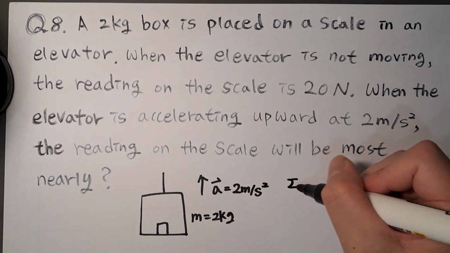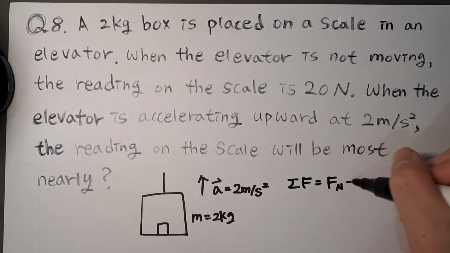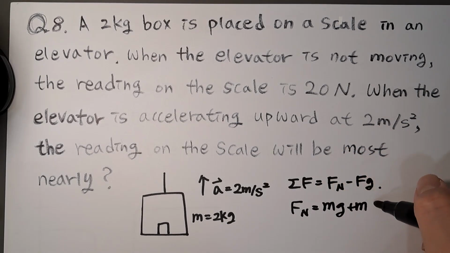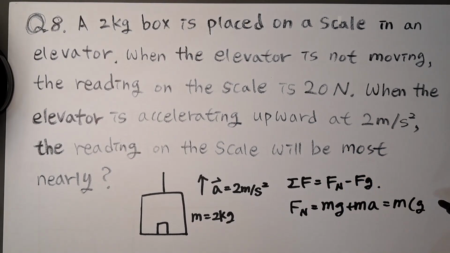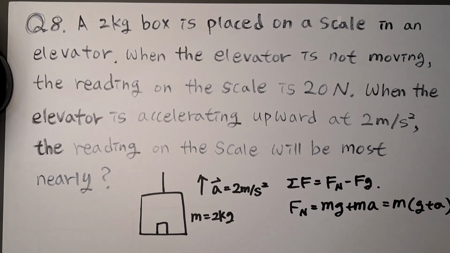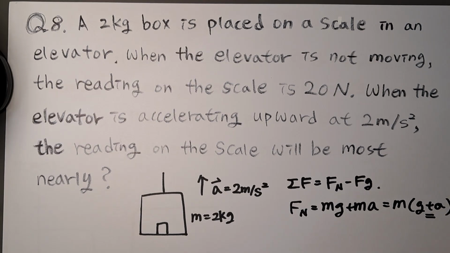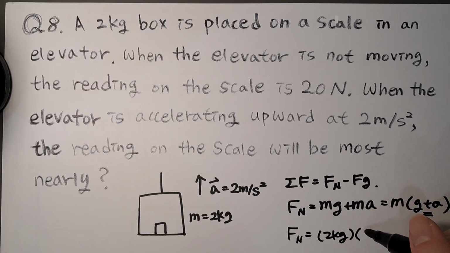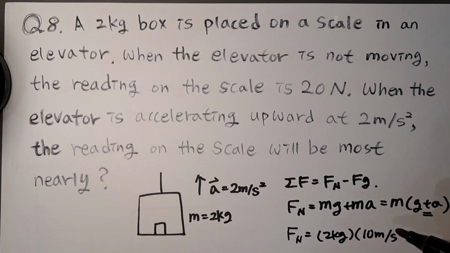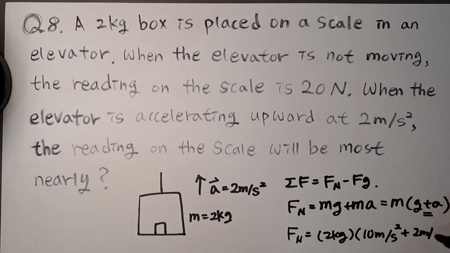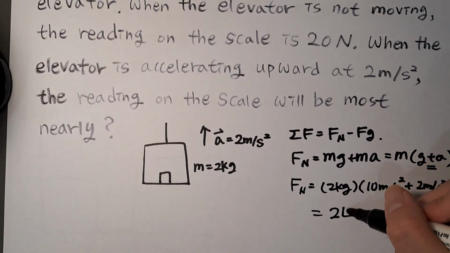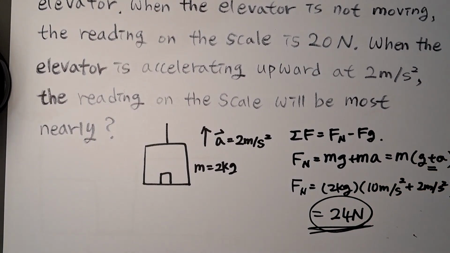Also we are going to find the force. When the elevator is accelerating upward, the plus sign is used. So the normal force is going to be 2 kilogram multiplied by 10 meters per second squared plus 2 meters per second squared. So the normal force is going to be 24 Newton.